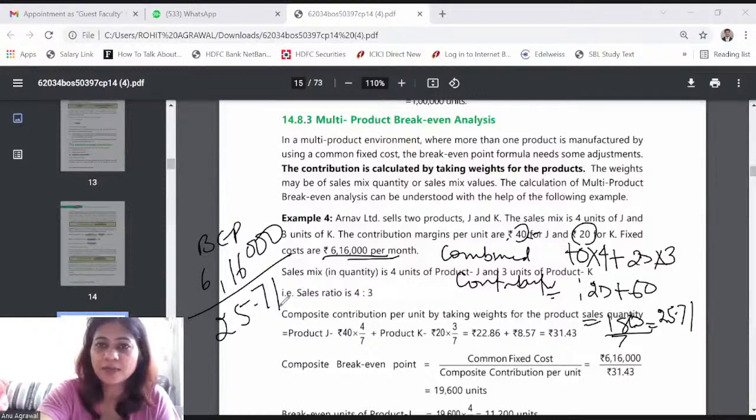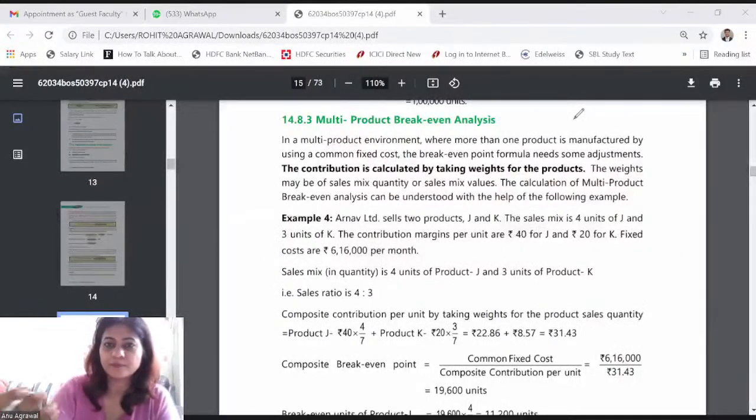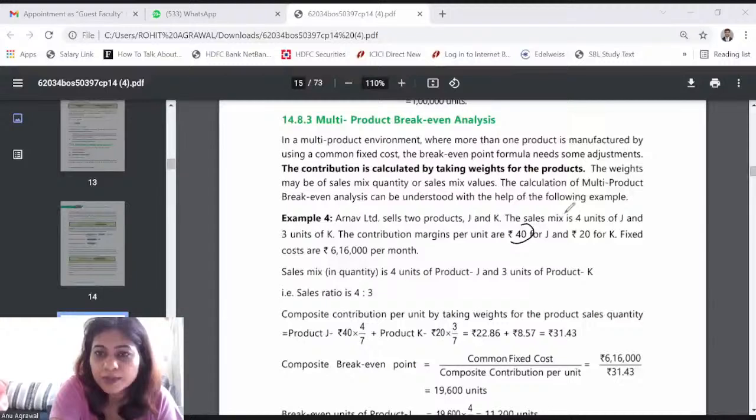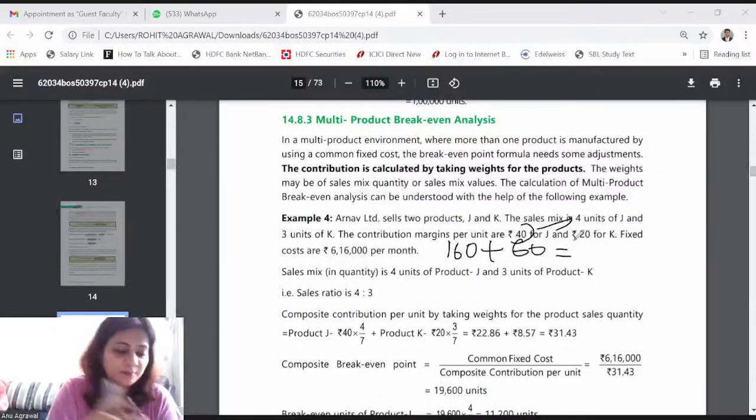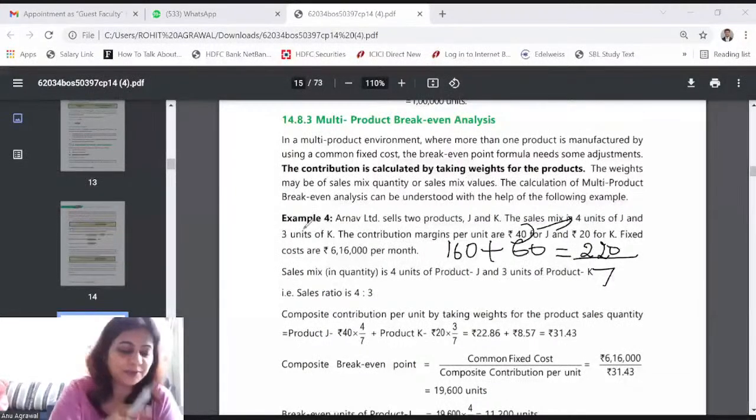I think I've done a wrong calculation. 40 into 4 is 160. 20 into 3 is 60. So it is 220 divided by 7. 4 units of J and 3 units of K. So it is 31.4.